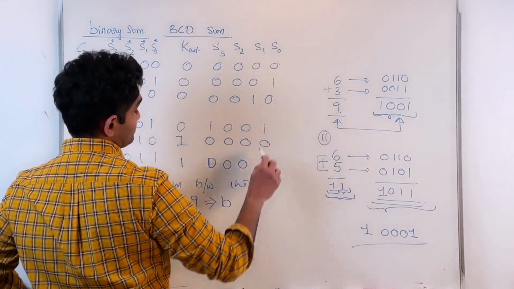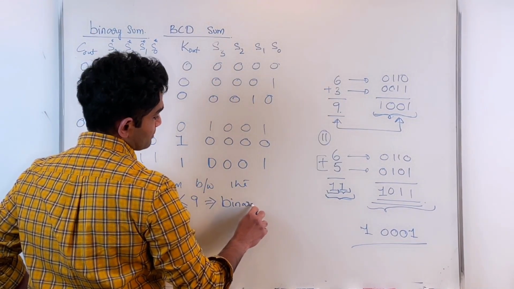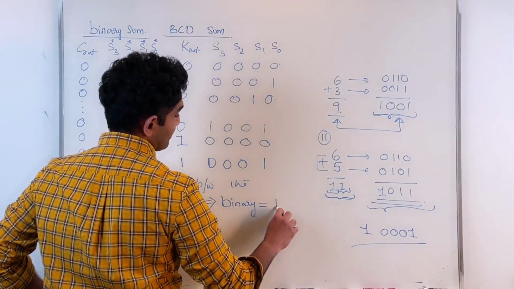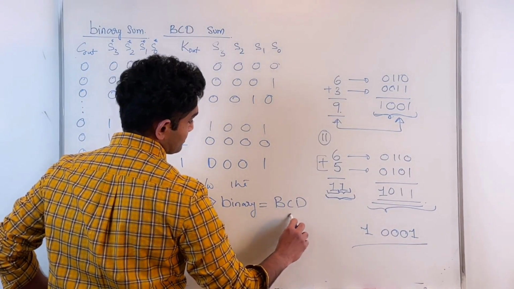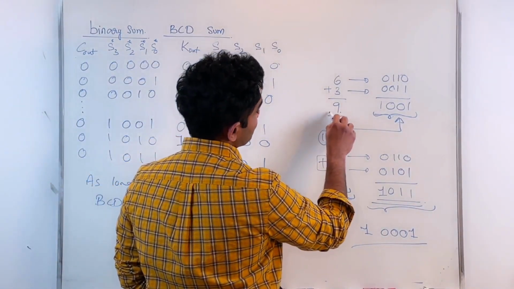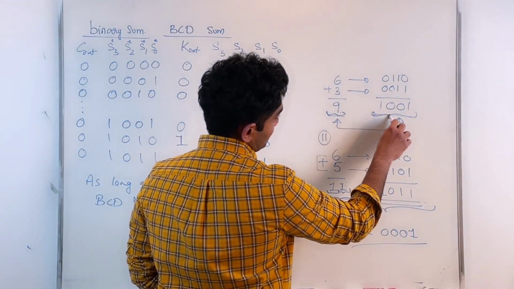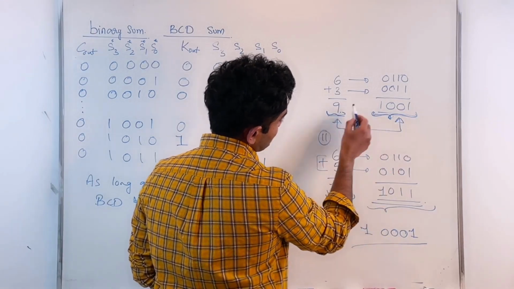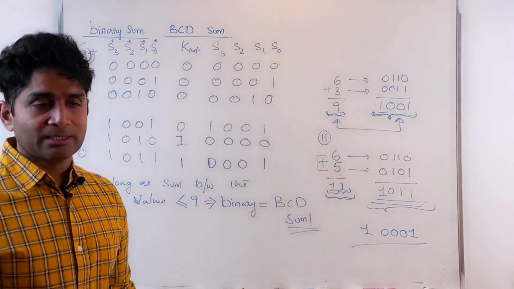My binary sum is equal to my binary coded decimal sum. We have seen that. This is my decimal sum. That's the binary sum, and that's 9, in the right format.